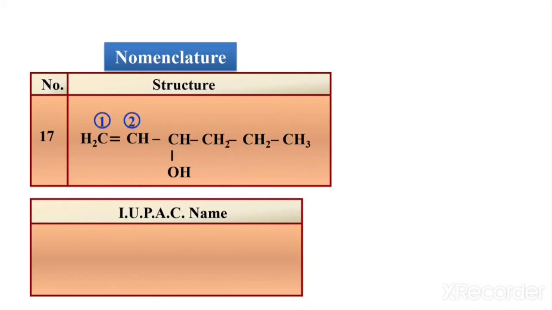Therefore this is 1 2 3 4 5 6, and hence the name of the compound is 6 carbon, therefore hex, 1, because at 1 number position there is double bond, that means alkene, therefore 1-ene, and at 3 number position there is hydroxyl, therefore hex-1-en-3-ol.